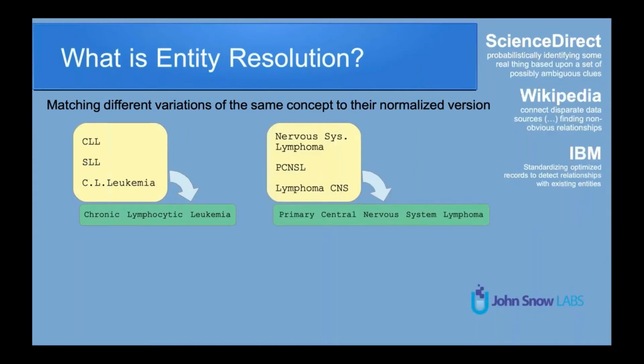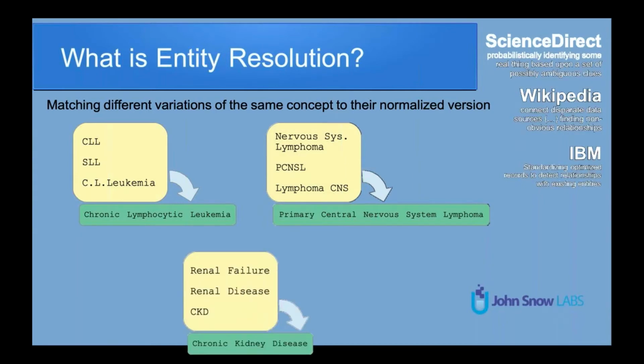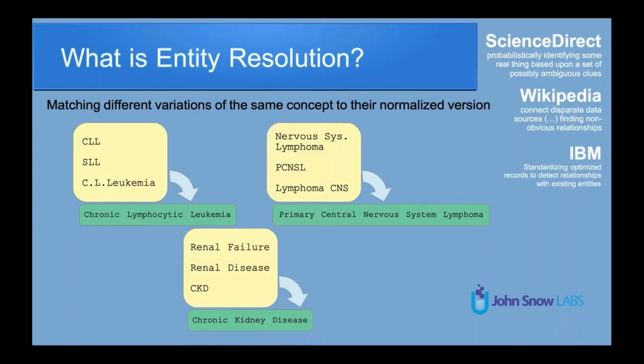Another example could be nervous system lymphoma, or PCNSL, or lymphoma CNS, and so on. We have many different variations to identify primary central nervous system lymphoma, for example. Or another situation, we have renal failure or renal disease or CKD or even chronic kidney disease, and so on, right?